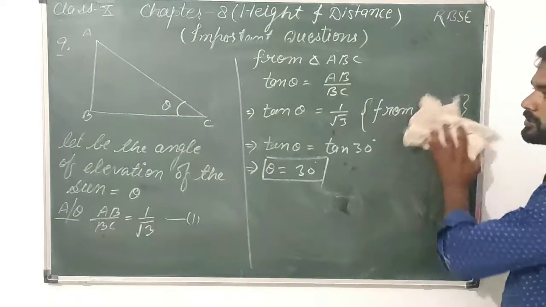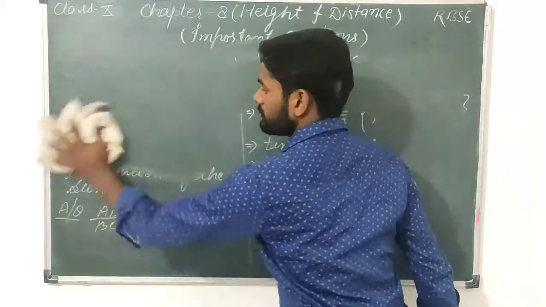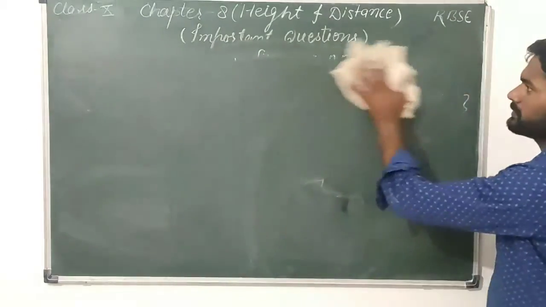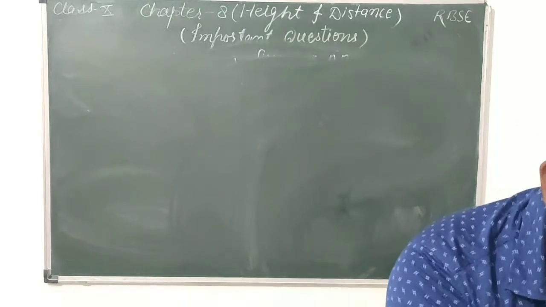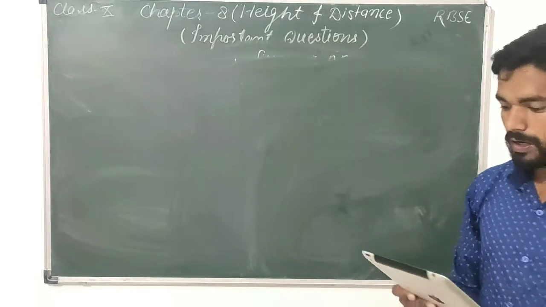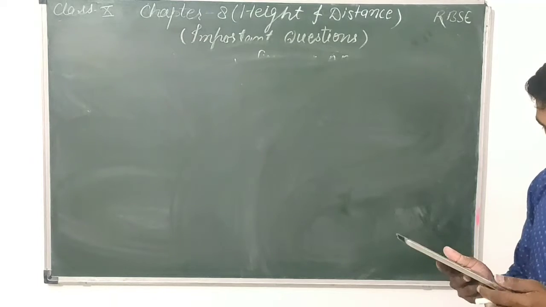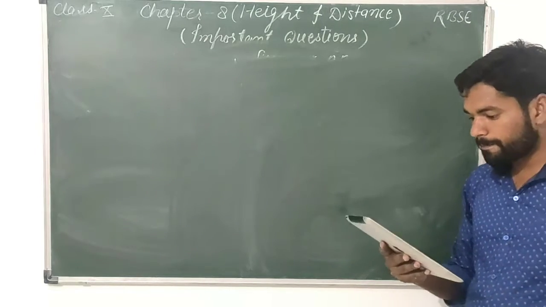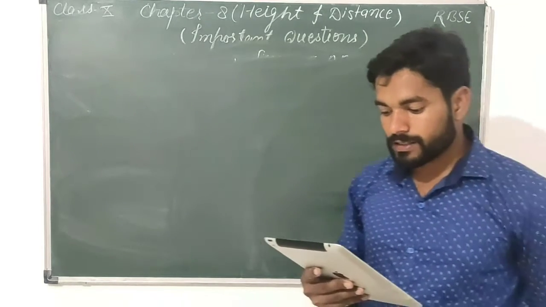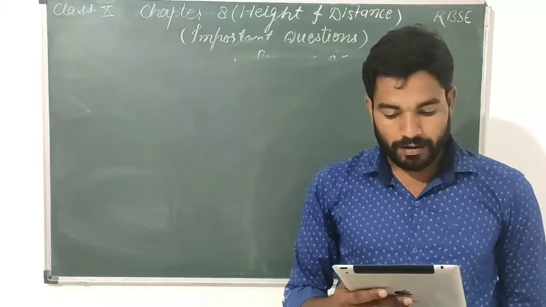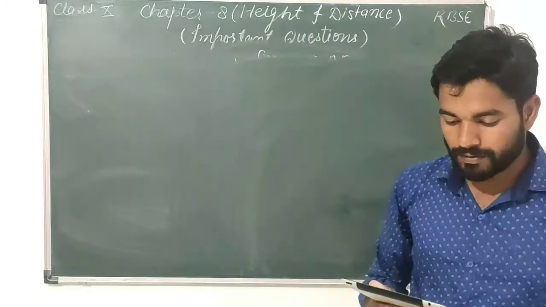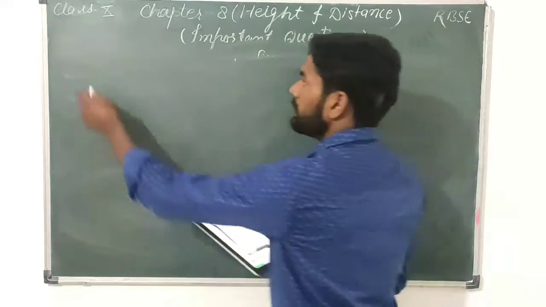Okay, student. Now the next question, question number 12. The 12th question is: a tree breaks due to a storm and the broken upper part of the tree makes an angle of 60 degree with the horizontal plane.